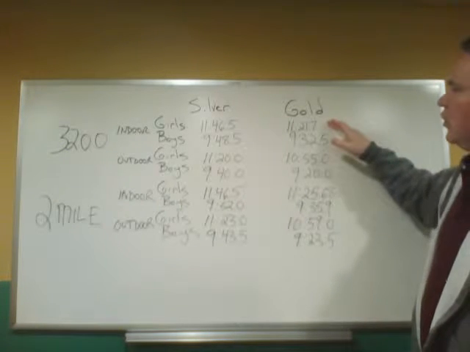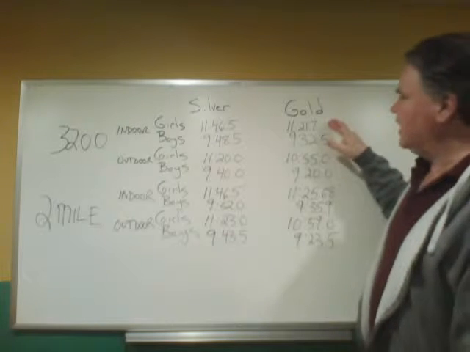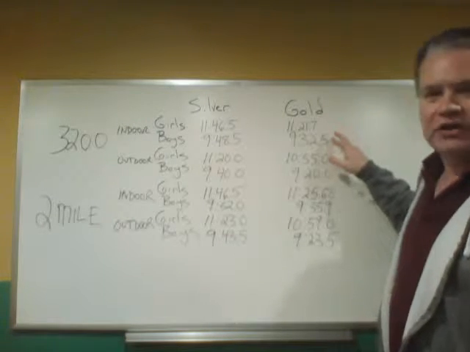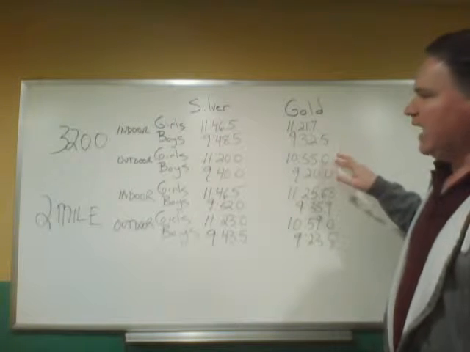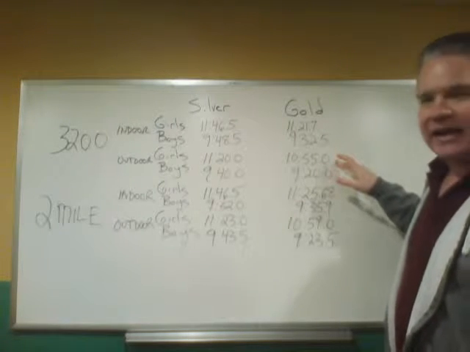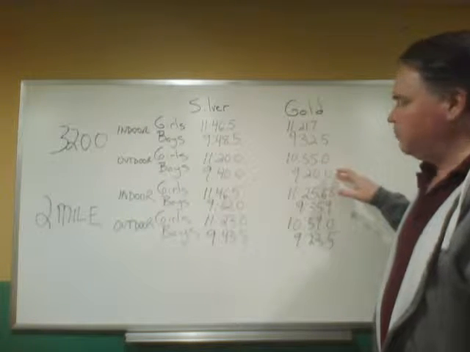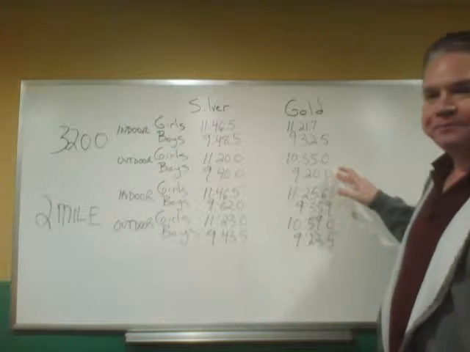In the 3,200 indoor, girls it's 11:21.7, boys it's 9:32.5. Outdoors, girls is a 10:55 flat. Outdoor boys is a 9:20 flat.